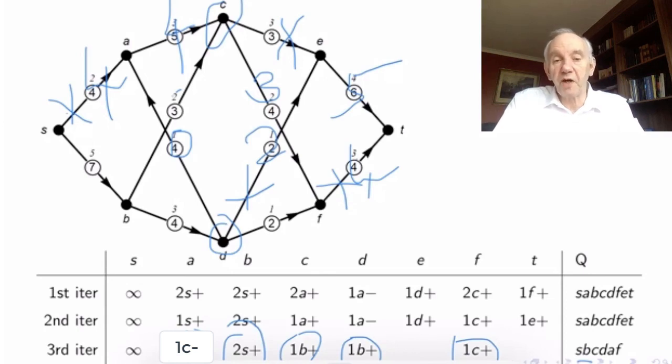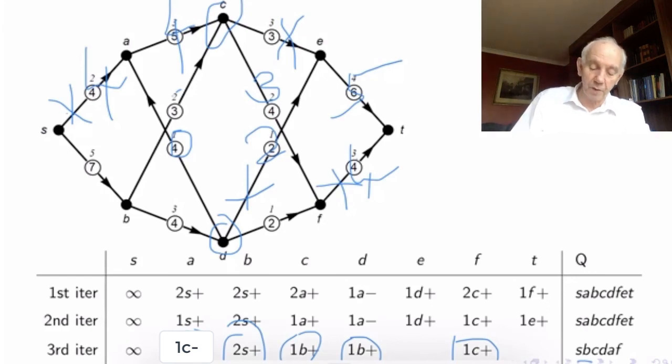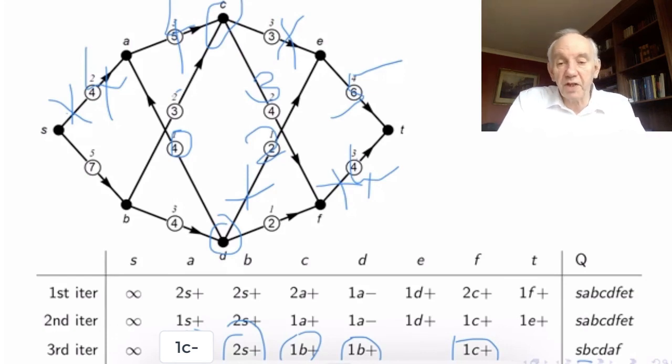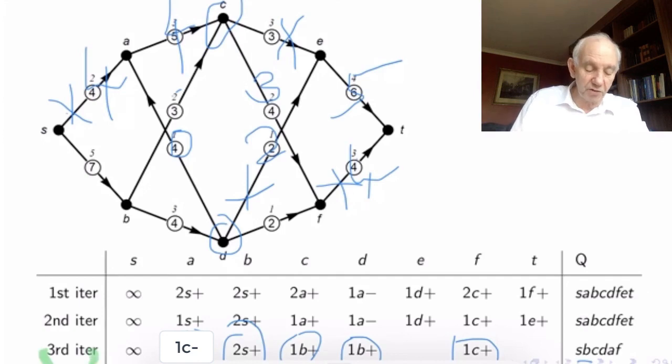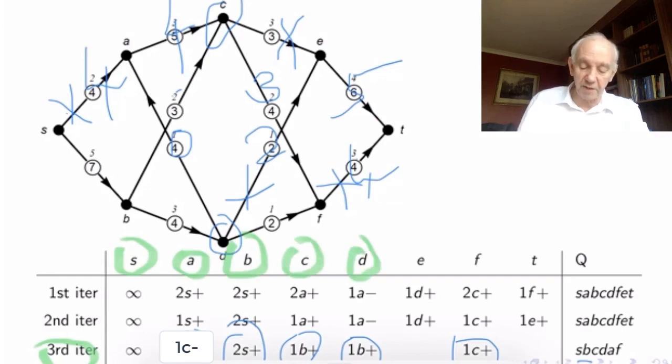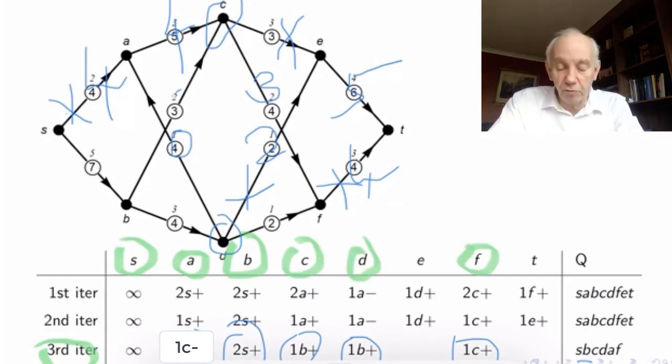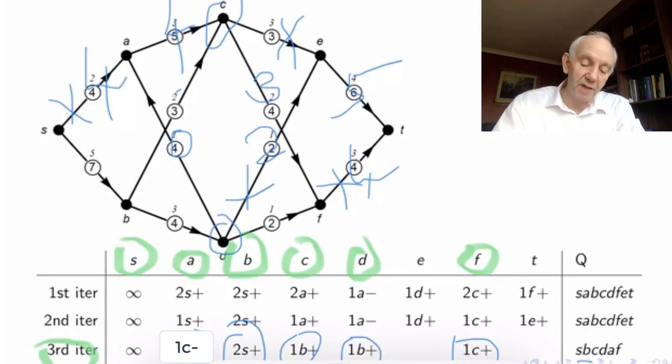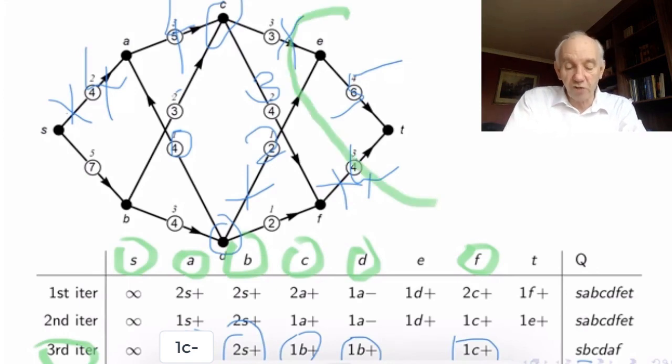And this actually defines, because of what I said in the previous video, a minimum cut for this network. So what we do is we take these vertices which we've got to in the third iteration, the vertices being S of course, where we started, A, B, C, the ones which we could label in the third iteration, everything apart from the E and T. So this gives us a cut in which all the vertices on the left-hand side and E and T are on the right-hand side.